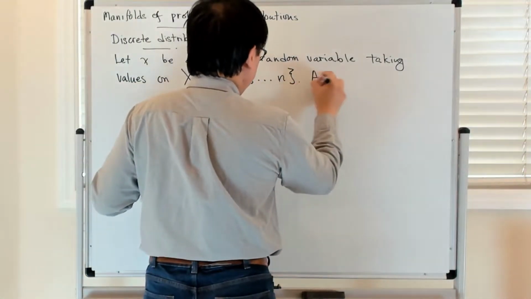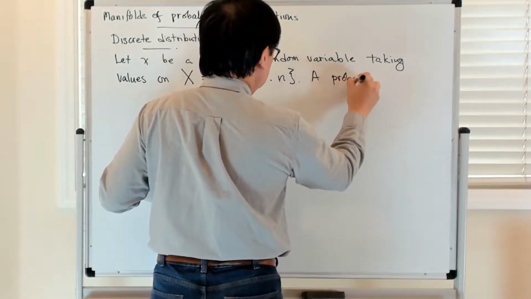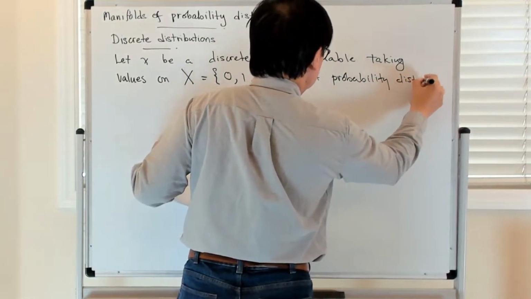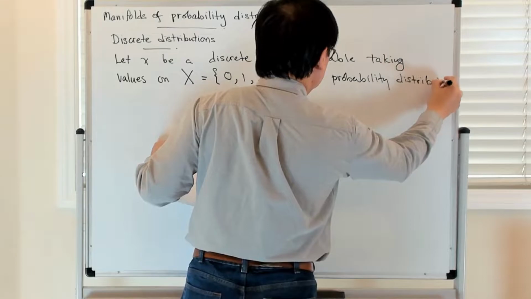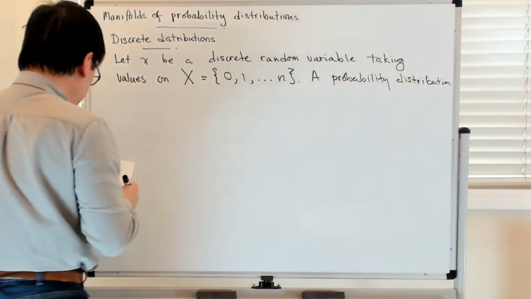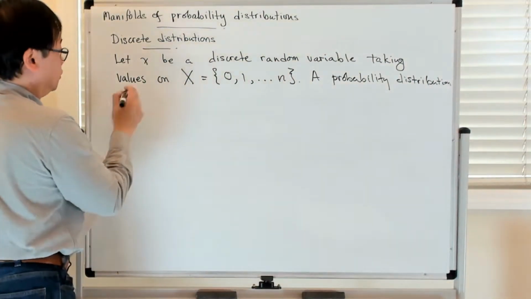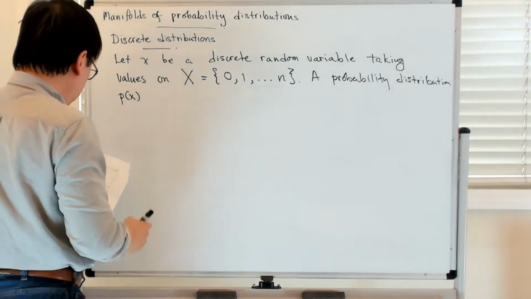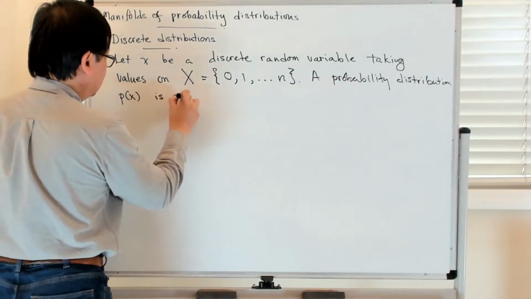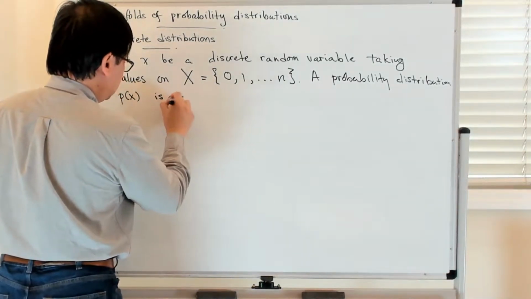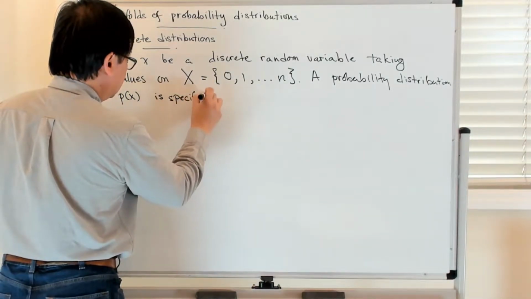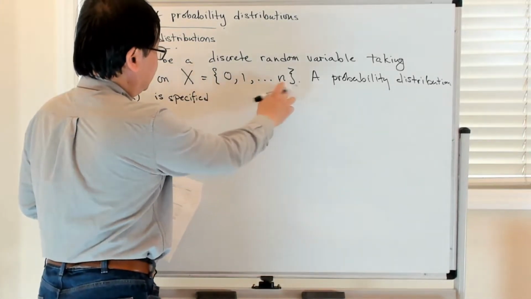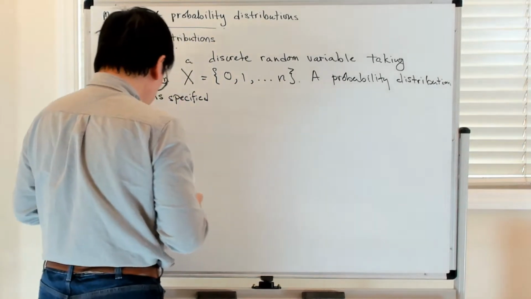So a probability distribution on this space X, let's call that P of X, is specified by assigning the probabilities of each of these outcomes, right?